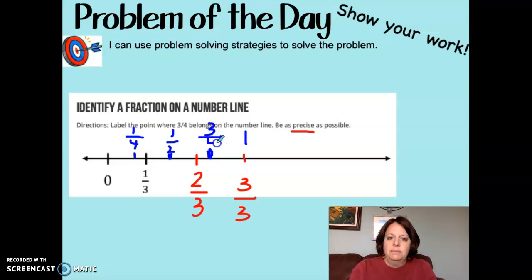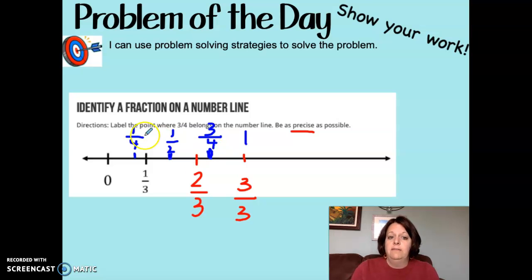Now, some people are going to say, well, Mrs. Zobitz, where I plotted it, is that okay? Because I can't look on your screen and check everybody's. So what I'm going to say is you need to plot out these other points on the number line in order to determine if your fraction of 3/4 is close to where it should be.